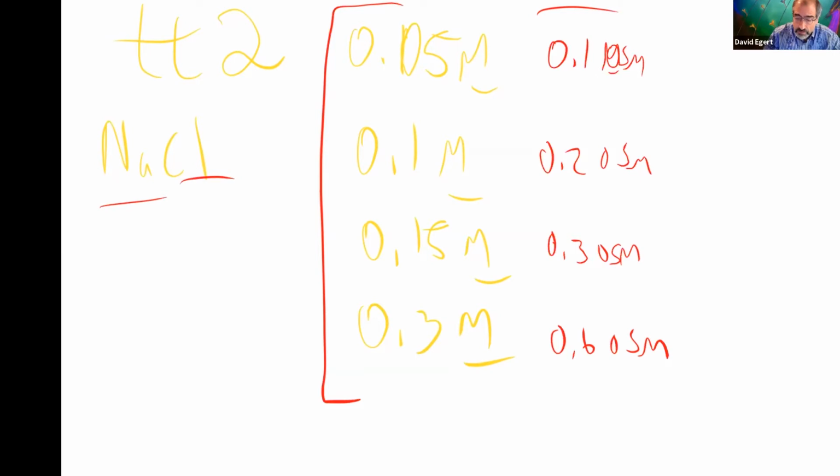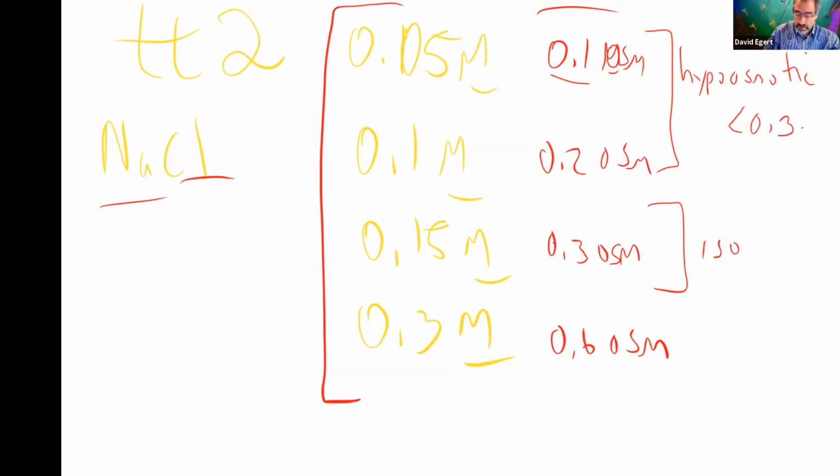So these two here are going to be hypoosmotic, meaning their osmolarity is less than 0.3. This is going to be isoosmotic because the osmolarity is exactly 0.3.